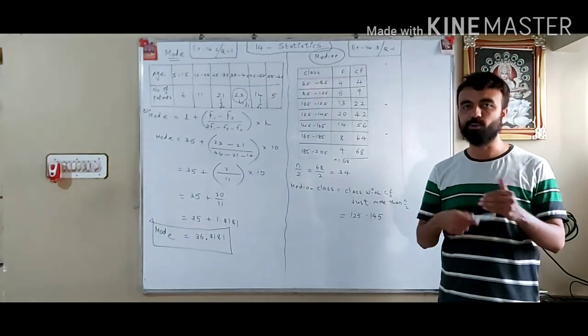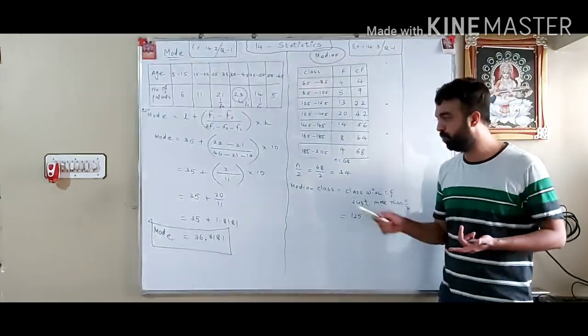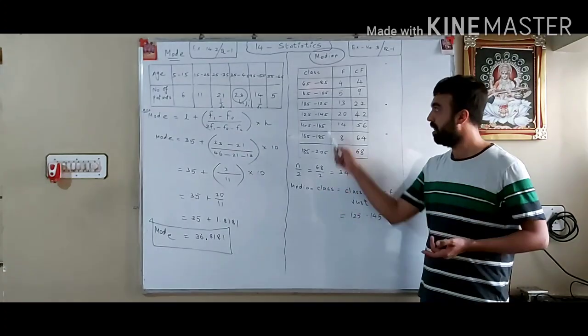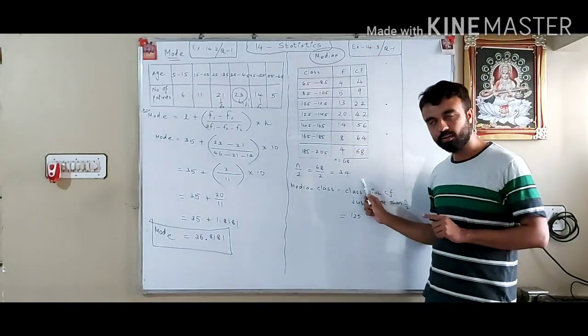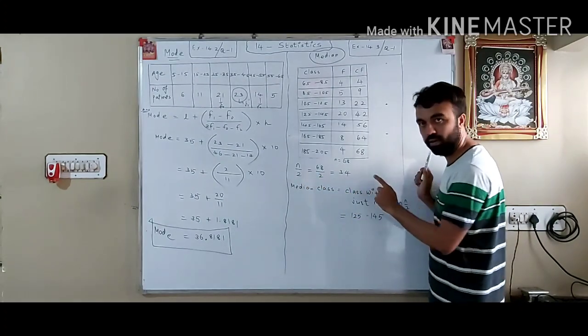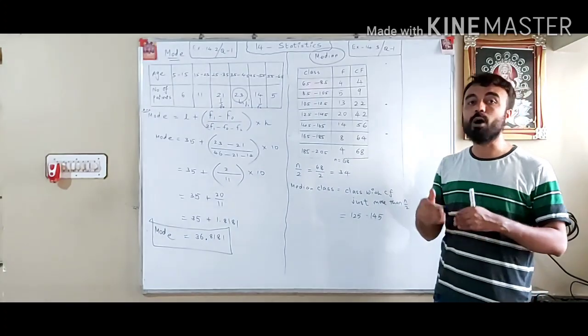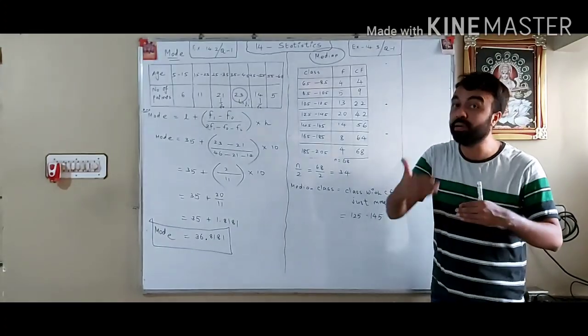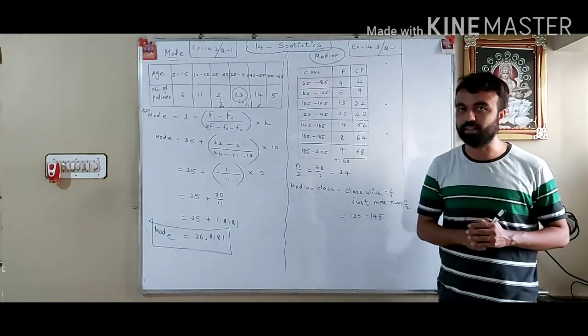Okay? I hope you understand. I repeat. How to find out the median class? What you need to do? N by 2. N was this addition. So 68 by 2. 34. So n by 2 is 34. Now what you need to do? Look at this column. Find out which numbers are more than 34. So I found out 4 numbers more than 34.